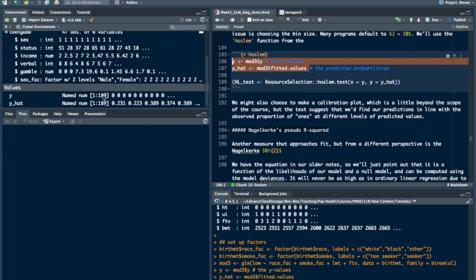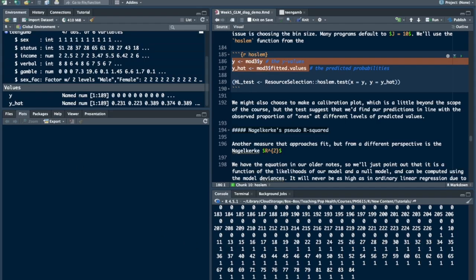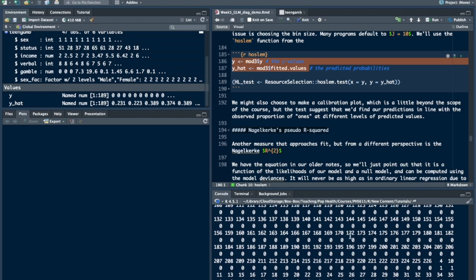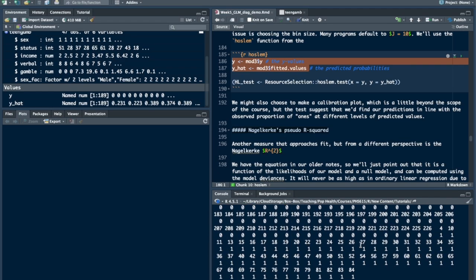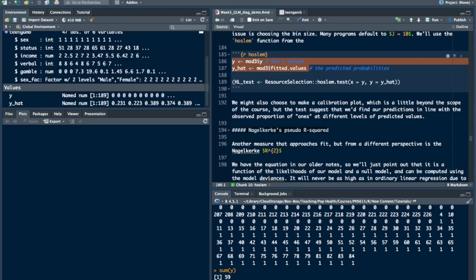So y is just the observed values from the model fit, and if we look at y, it's just a bunch of zeros and ones. If we sum y, it tells us how many low birth weight babies we've got in the data set, 59. The reason I take it from the model fit is because there was some missing data, so we make sure we've got the same thing.